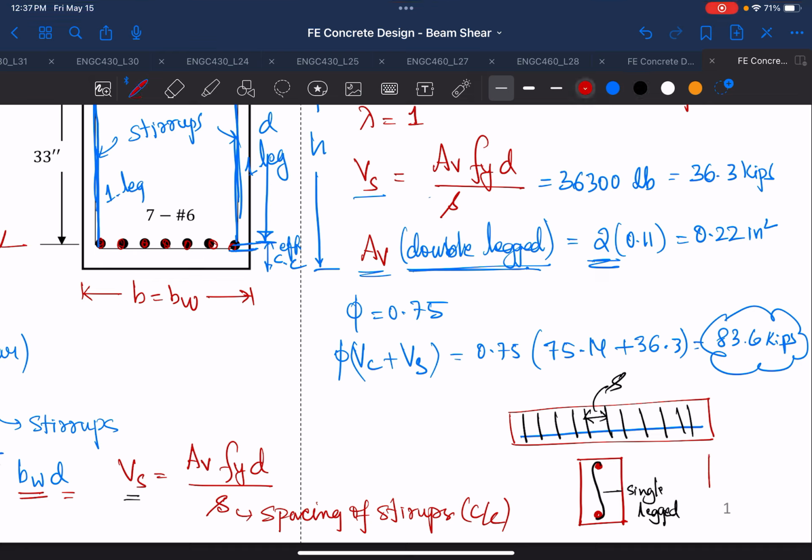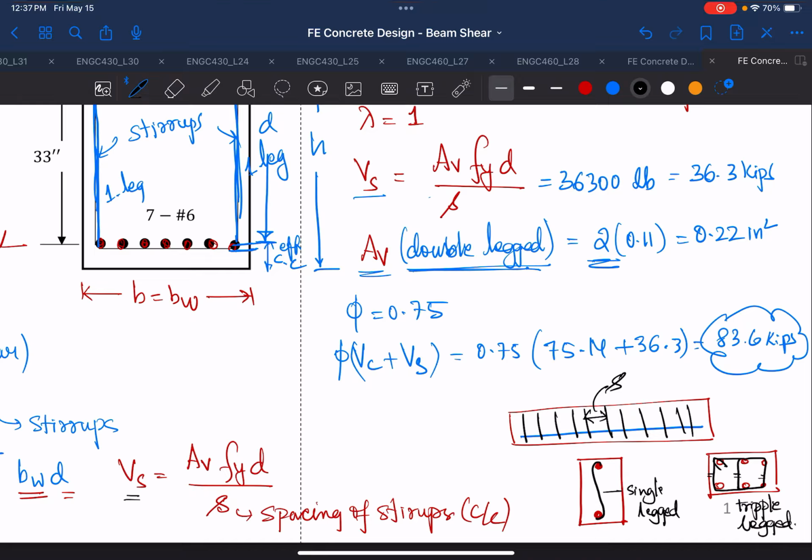And then triple leg means you have 3 legs. So you have a beam and then you have the normal stirrups. In this case this is a double leg because you have stirrups here and here, but if you provide another stirrup here, then this becomes a triple leg.